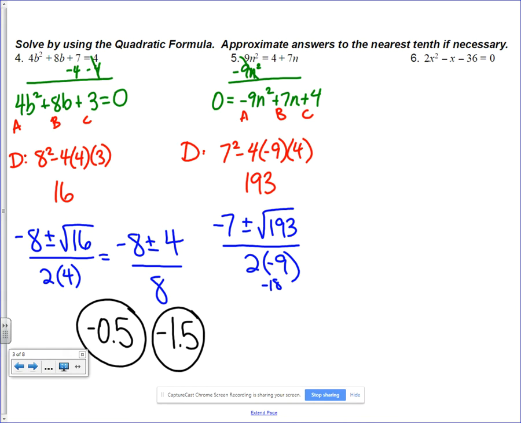Okay, so we ready? -7. Then what? Plus the square root of 193. I'm getting 6.892. Divided by what? It says a tenth, so I want 1 decimal place. -0.4.